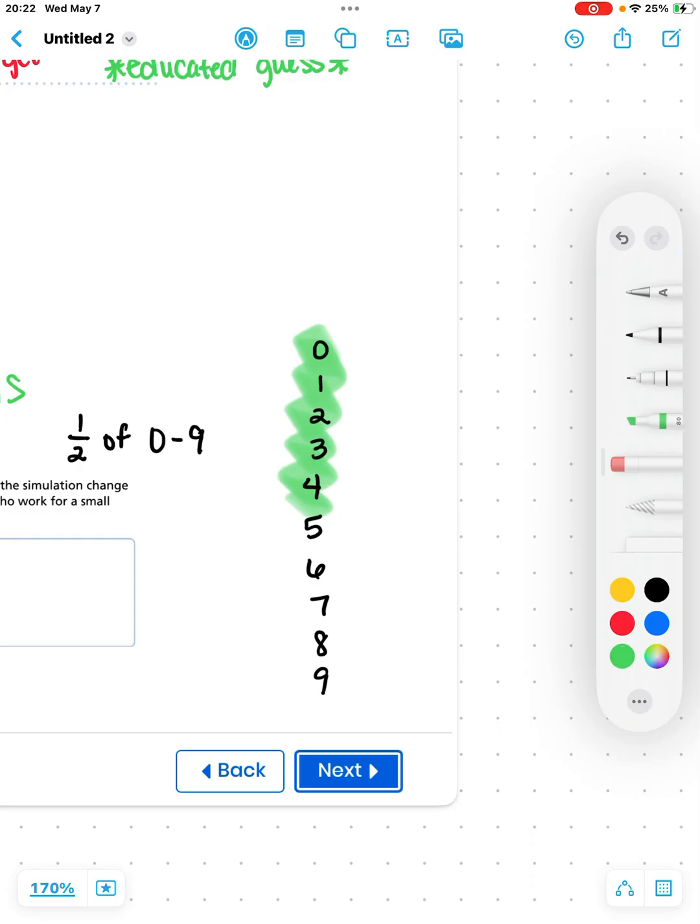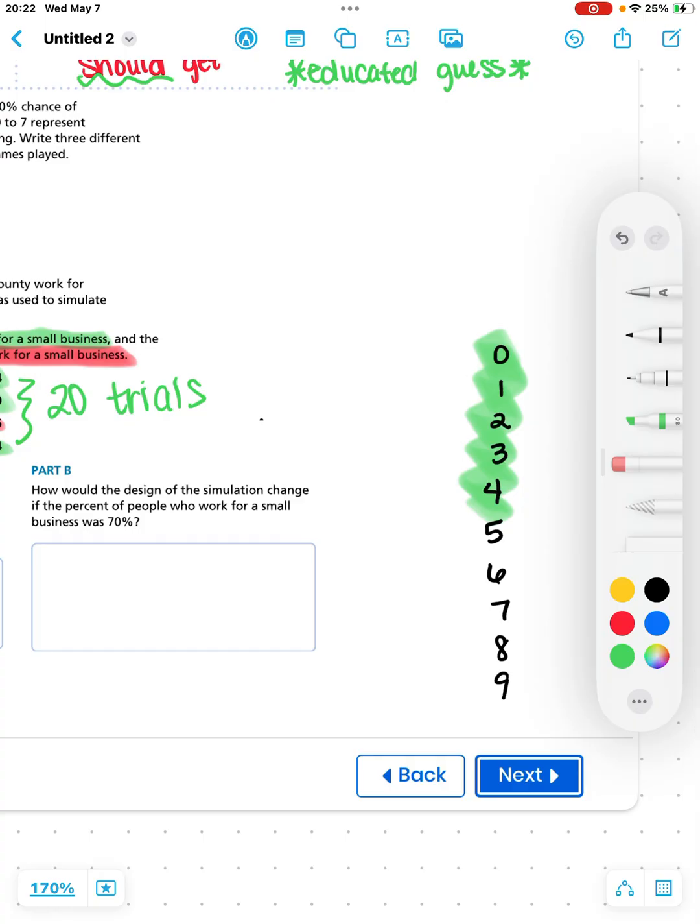Now there's 5 out of the 10. So rather than 50%, they're now saying, well, what about if there was 70% of these people working for small business? We're going to have to broaden our span. We can represent this as 7 out of 10. So 7 out of 10 people, we can say now work in a small business. So 1, 2, 3, 4, 5, 6, 7. All we have to do is add 5 and 6 into that mix.